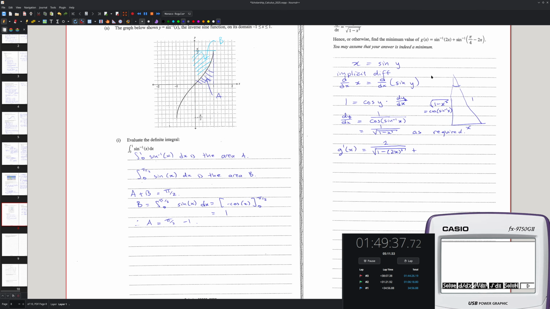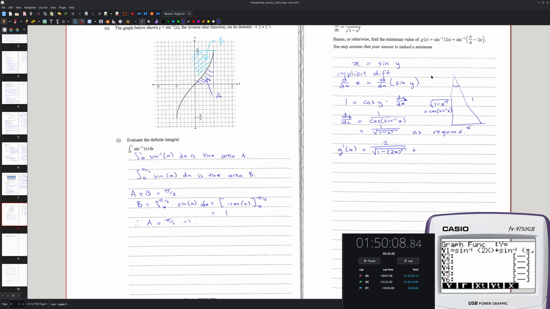Bro, are you sure this is arc sine of 2x plus arc sine of pi on 4 minus 2x? Like, what should be the answer? Point 1963. Hell nah, bro.